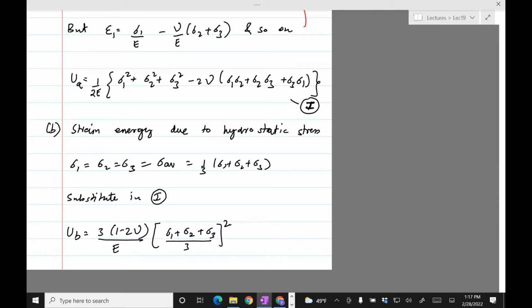Okay, so we've got an expression for strain energy in both cases, A and B. To find strain energy in part C, you just have to subtract UB from UA. So UA minus UB gives UC. Here 2 nu, and nu is Poisson's ratio.